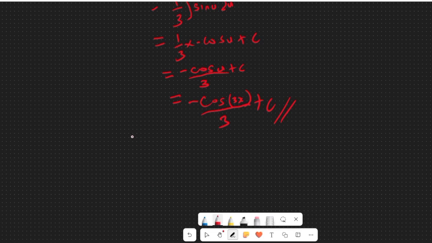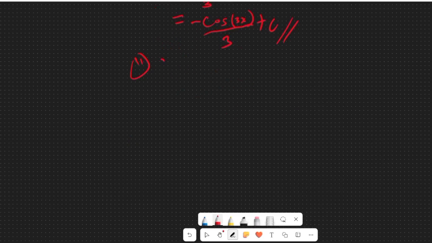And then let's have another one. Let's say we have the integral of tan 2x plus 2 cos x. So now what do we do? The first thing is to separate the two terms.